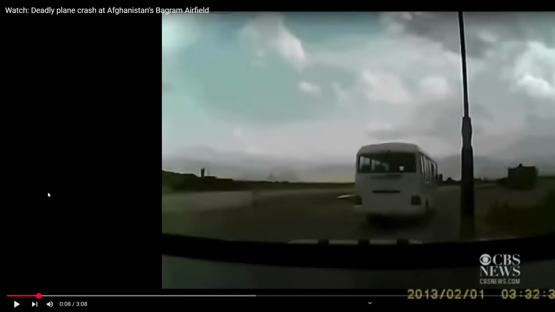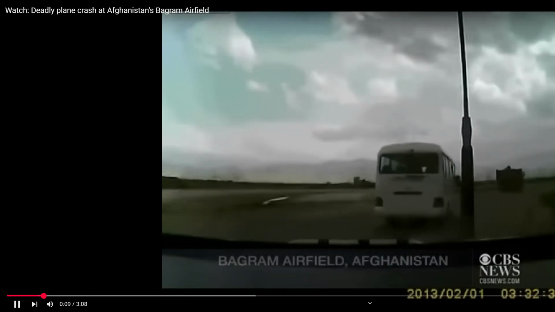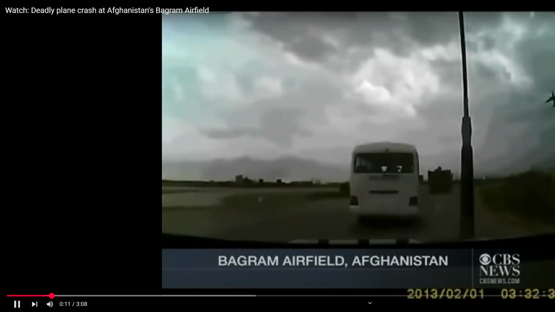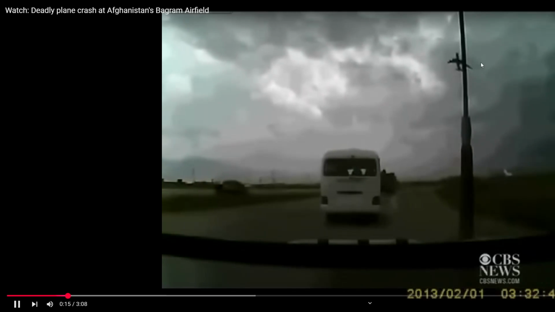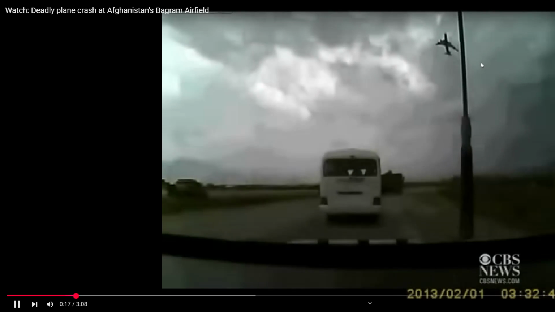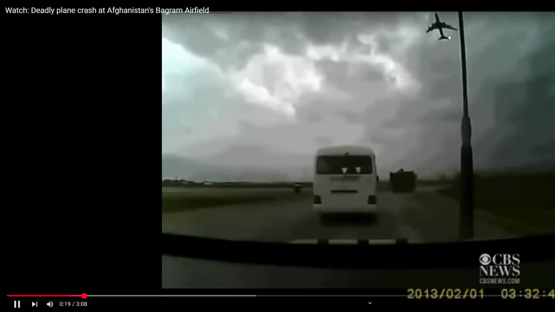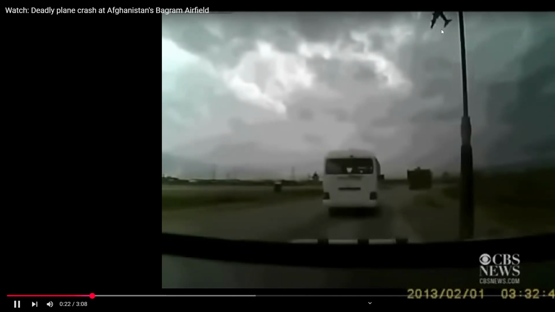Alright, so as you can see here, this is back in 2013 at a military airfield. You see that 747 is climbing, and all of a sudden they're slowing down, and that's because they stalled.